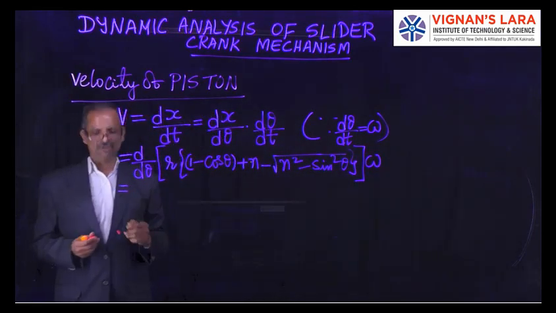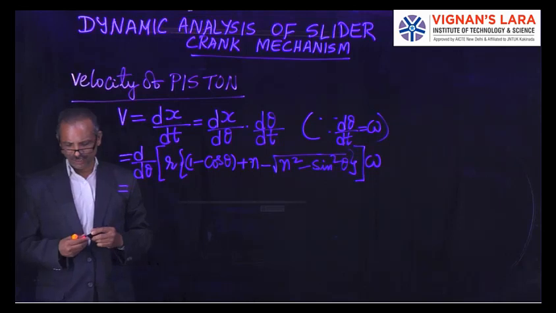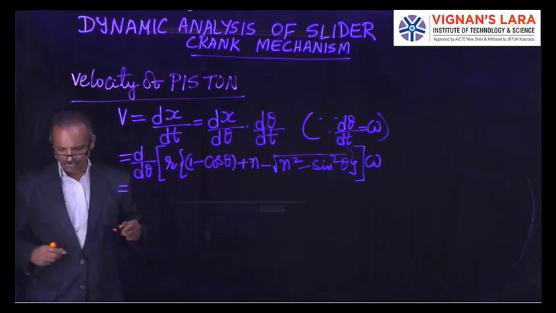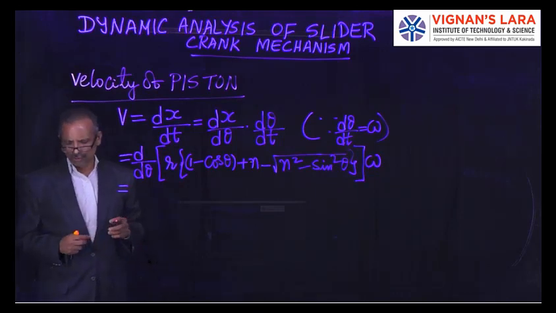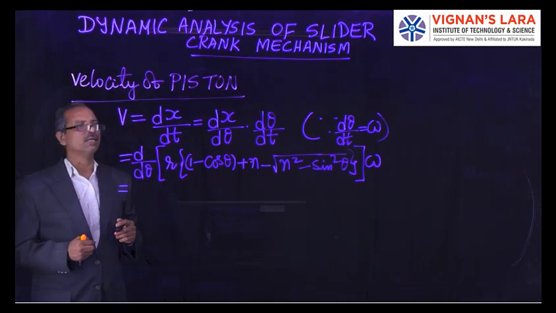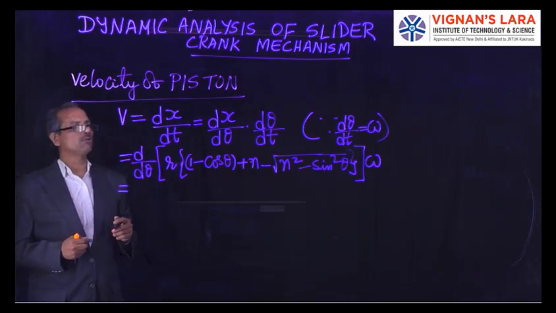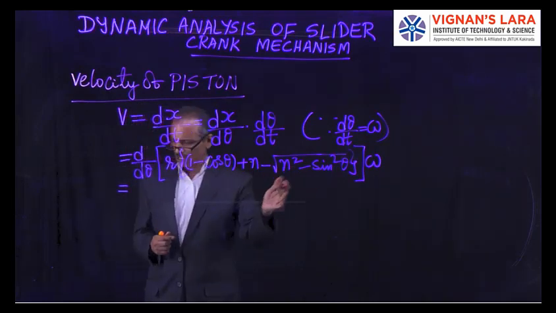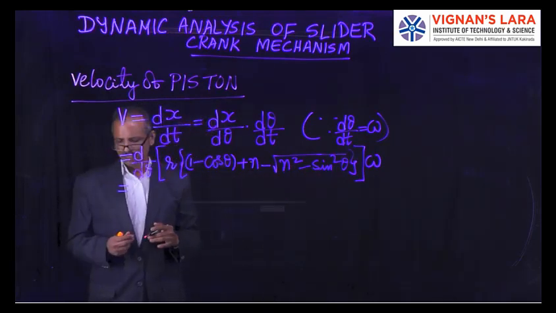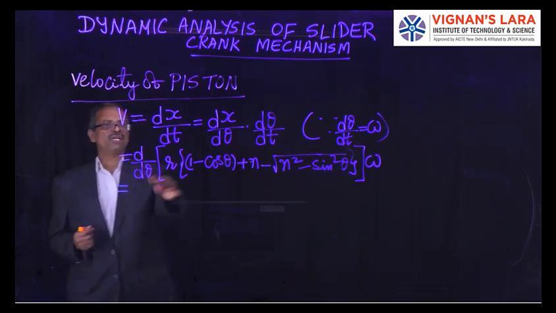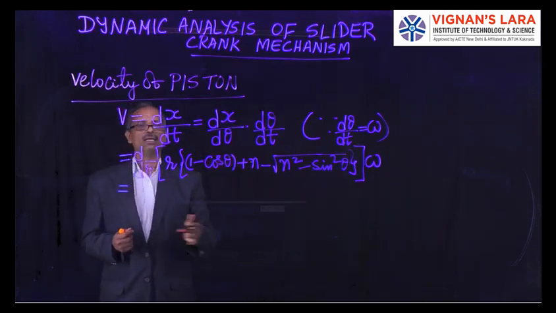So let us verify, before simplifying, the value of x which we got: r into 1 minus cos theta plus n minus root over n square minus sine square theta. This we already obtained. Here let me differentiate this and simplify.